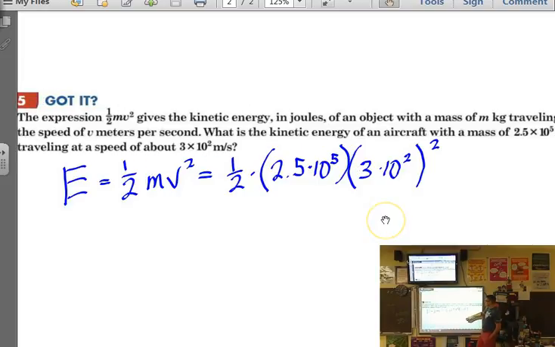All right, if you're following along with our got it up here, I filled in my mass, and I filled in my velocity. We apply the square, so this becomes 9 times 10 to the 4th.